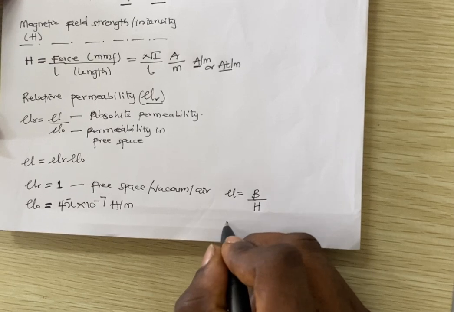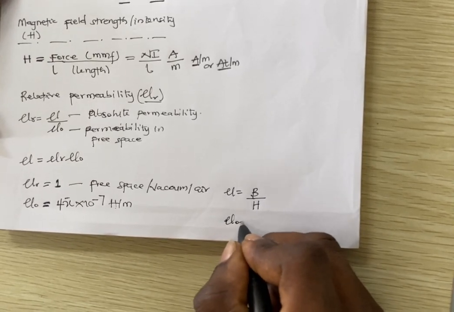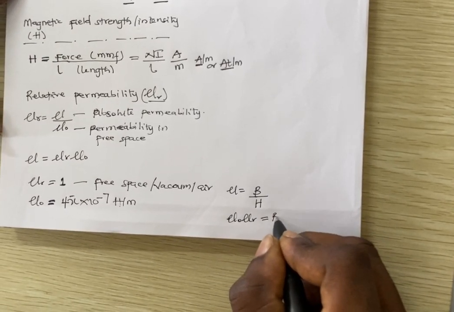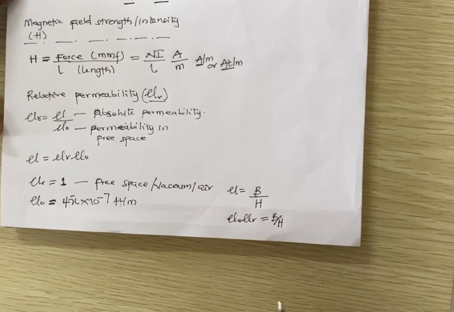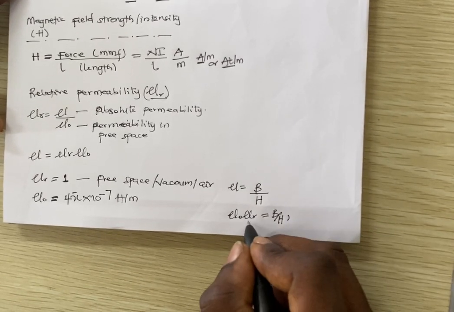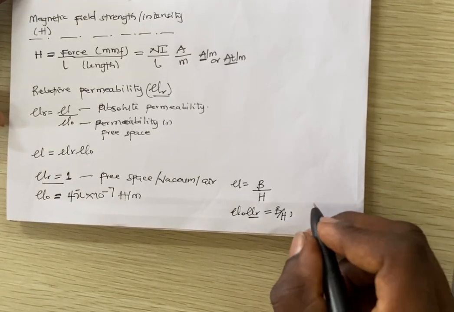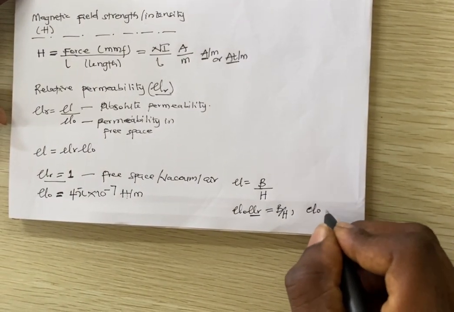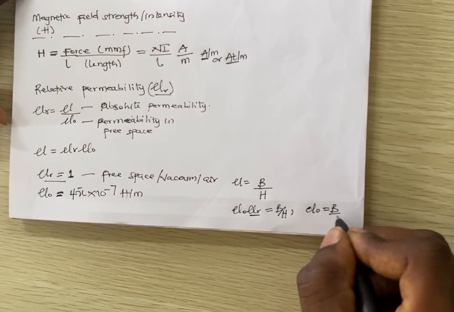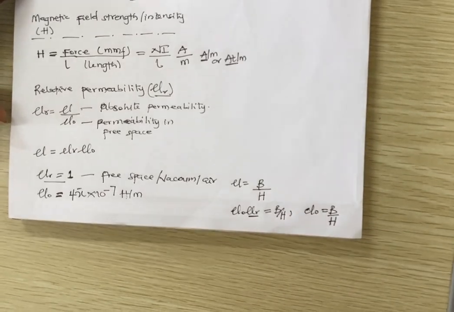So this can be expanded as mu naught mu r on B H, but in free space we know that mu r is equal to 1. Therefore in free space you can say mu naught is equal to B on H.